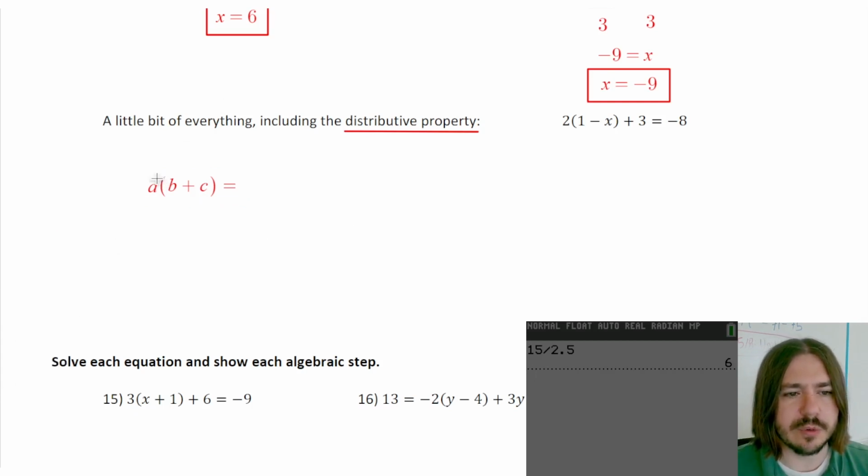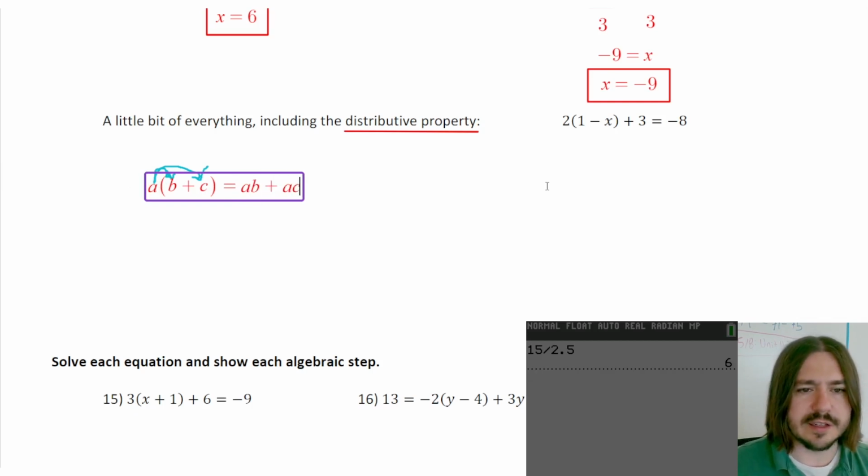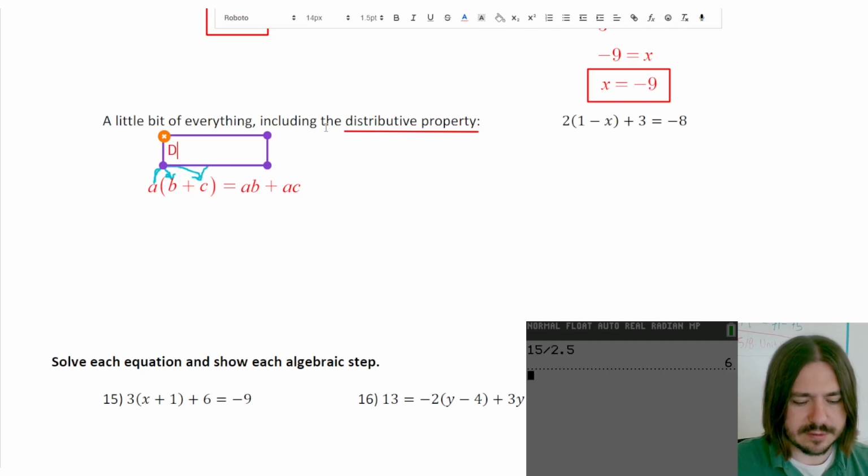Essentially what we need to do is multiply what's on the outside of the parentheses by everything that's on the inside of the parentheses. I'll usually show these little arrows to showcase that I'm actually doing the distributive property here. And so you'll have a times b plus a times c. So this is what the distributive property actually is.